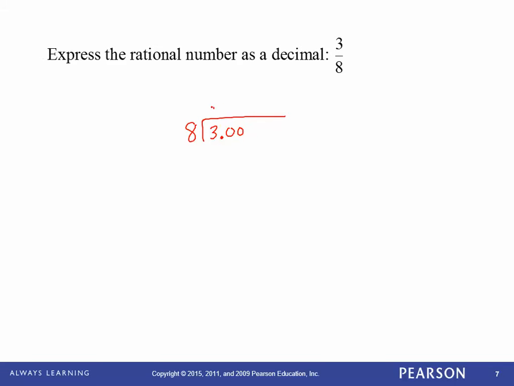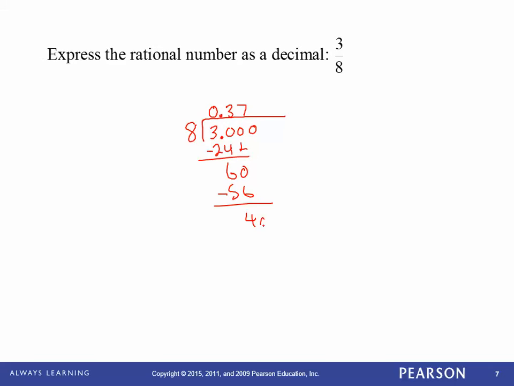So 8 doesn't go into 3, so there's a 0 there. Bring up the decimal. 8 goes into 30 3 times. 3 times 8 is 24. So I've got a 6 remaining. Bring down the 0. 8 goes into 60 7 times, which makes 56. That becomes a 4, and then we need extra zeros here because I don't see a repeat yet.